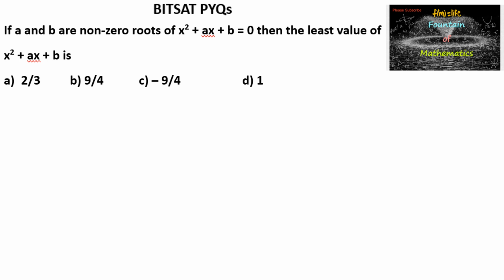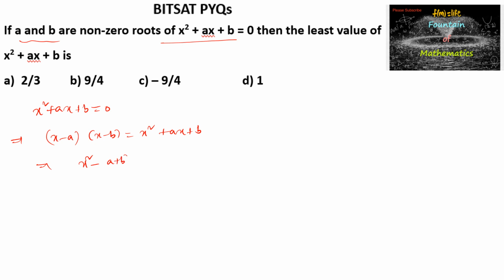Given a and b are non-zero roots of x square plus ax plus b is equal to 0, which implies that we can write x minus a into x minus b is equal to x square plus ax plus b. So which implies that x square minus of a plus b of x plus ab is equal to x square plus ax plus b.